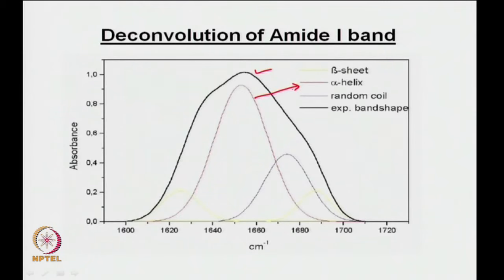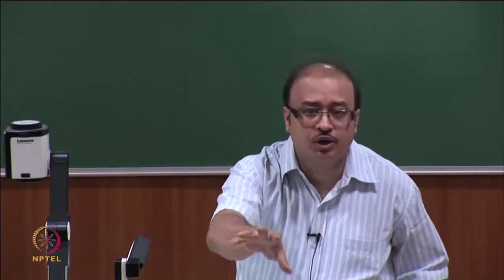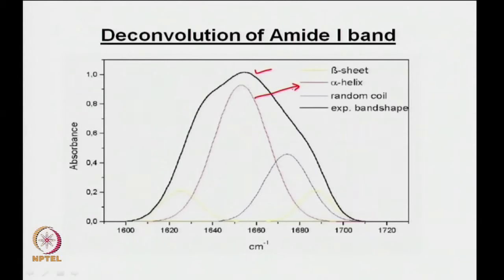Because this one almost has the maximum intensity and almost all the maximum area, that means mostly under these conditions your protein is alpha helical in nature. Then this is the random coil, and the rest is the beta sheet. So, this is what you have tried to figure out.